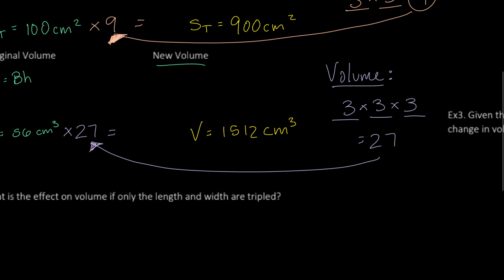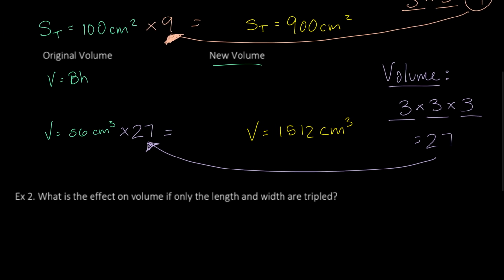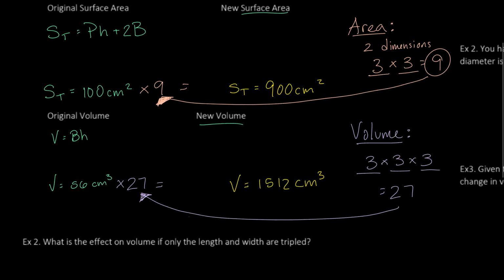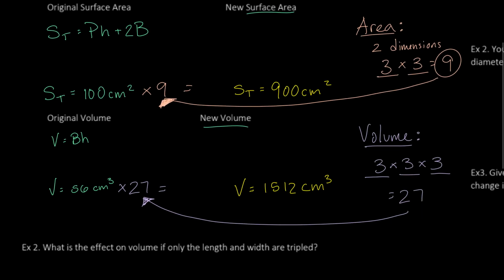Does this make sense? Is that the case every time? Every time. So if you want to find the volume and you have the original volume, you don't actually have to solve for the new volume. You just multiply by 27. Volume is always 3 dimensions, right? So if it said triple, that means for each one of the dimensions, you need to multiply by 3.